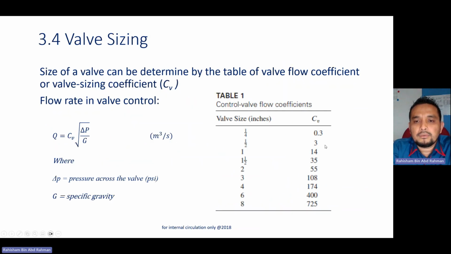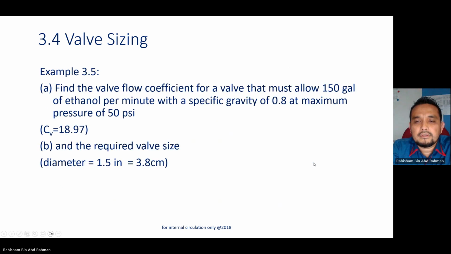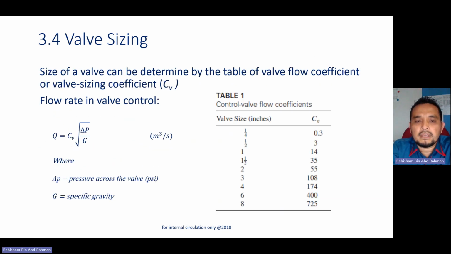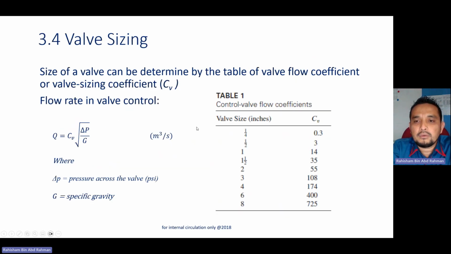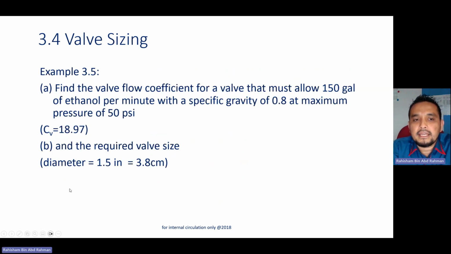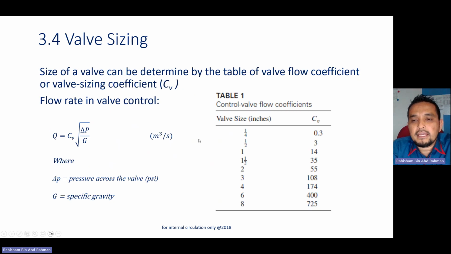Now we have CV equal to 18.97. Referring to this chart, we have CV 0.3, 3, 14, 35. So 18.97, about 19, lies between 14 and 35.